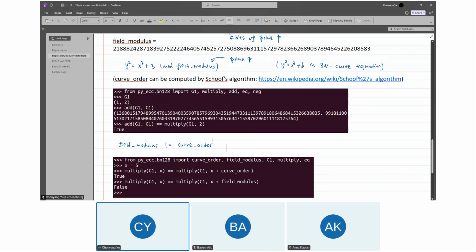For example, let's say there are 20 points on the curve.